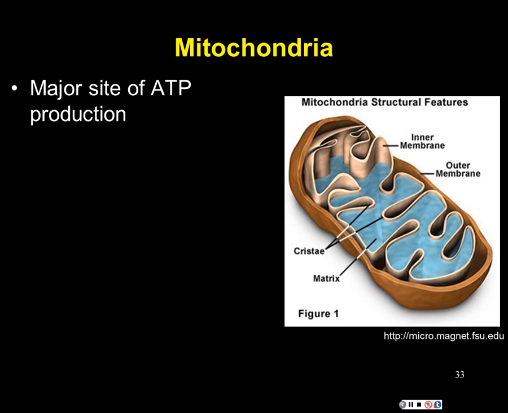It's the primary site of ATP synthesis. Is it the only place we can make ATP? No. So in chapter 3, we'll talk about the mitochondria, but also the cytoplasm as well. Let's look at the structure of the mitochondria.